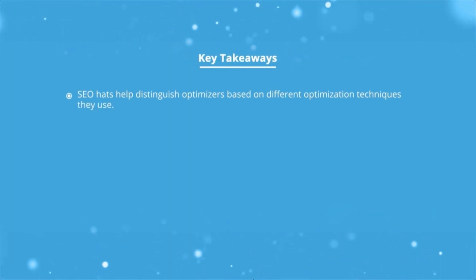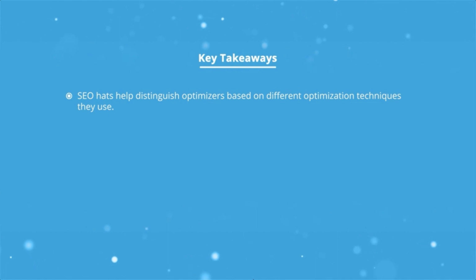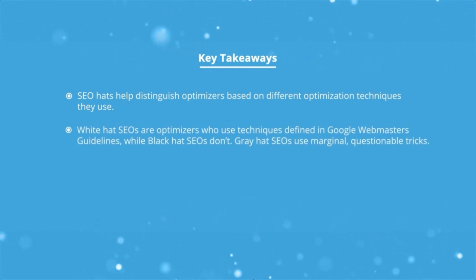Here are the key takeaways from this lesson. The SEO hats help distinguish different optimizers based on the techniques that they use. White hat SEOs are optimizers who stay within the Google Webmaster Guidelines, while black hat SEOs employ techniques that are outside of the guidelines or conflict with them. Gray hat SEOs use marginal, maybe some questionable tricks, but some are targeting competitors rather than search engines.